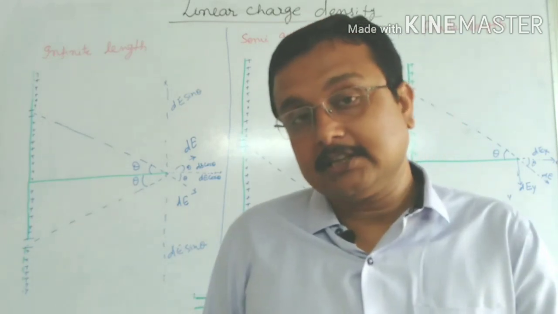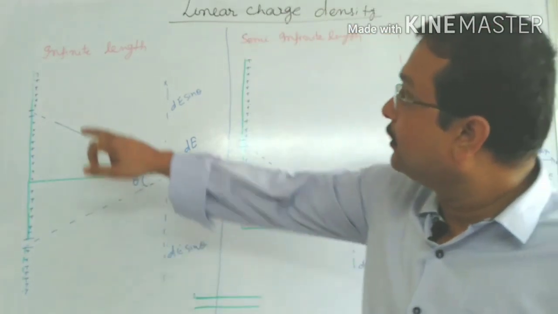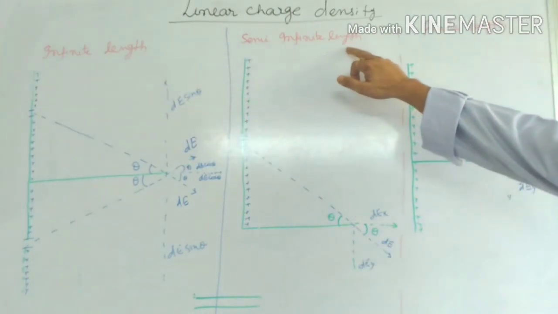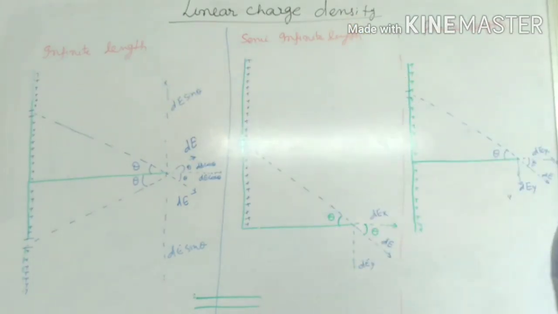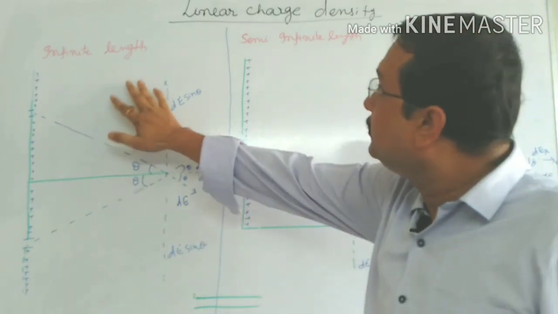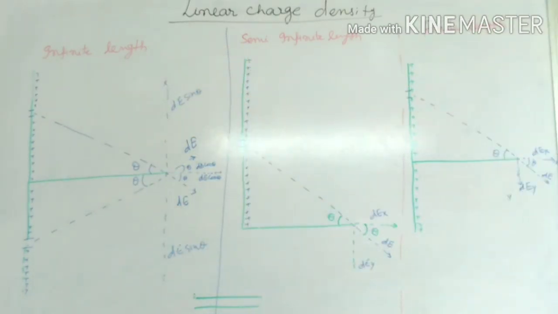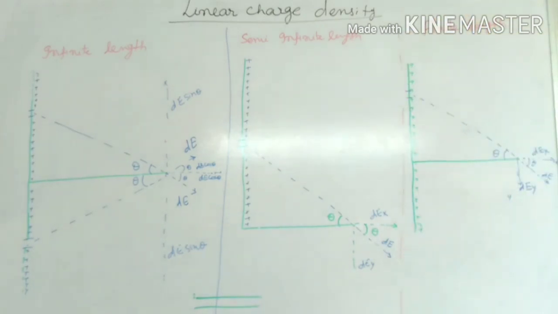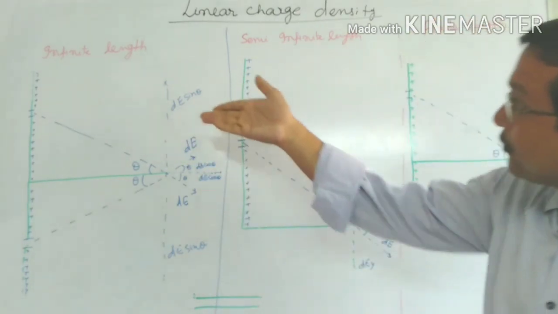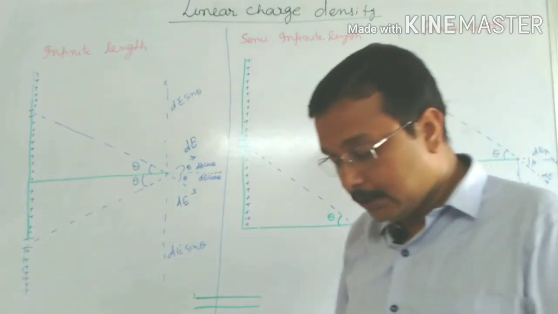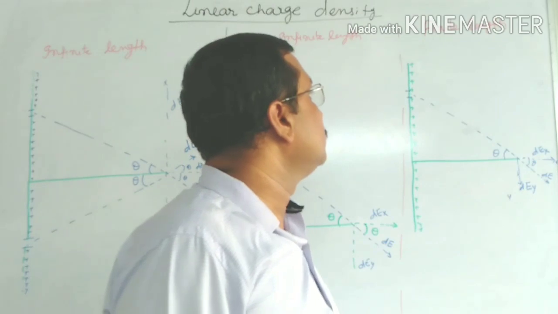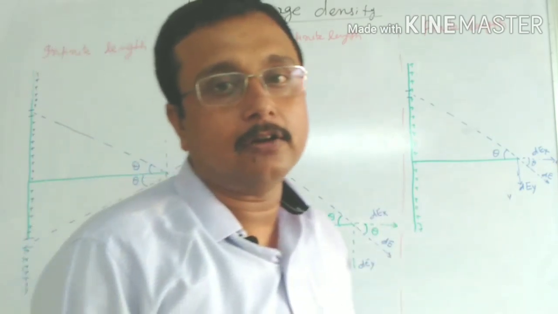The infinite and semi-infinite cases are easy to calculate, but the finite length is not an easy task, where we have to consider some mathematics and a little bit of approximation, and then apply the concept to calculate the value of the electric field.